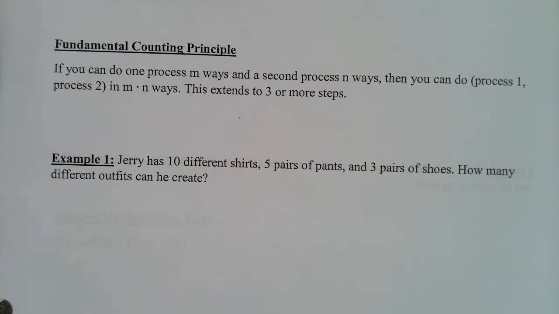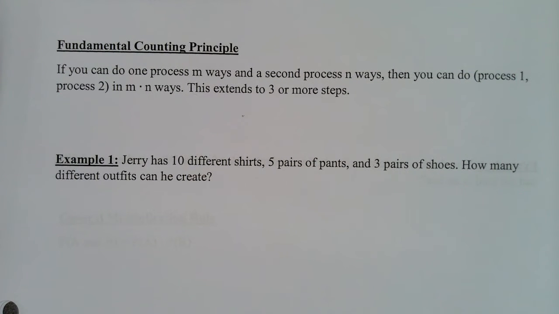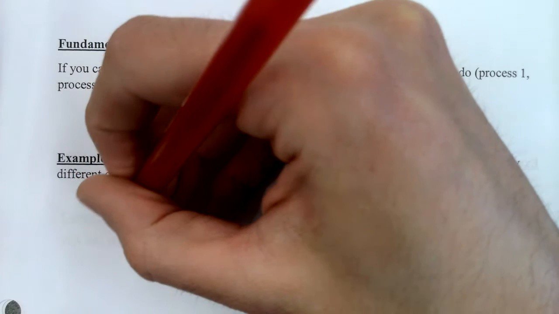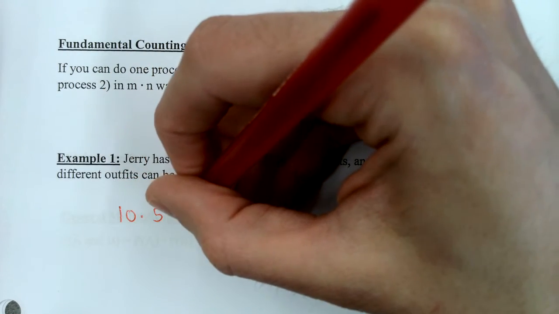So for example 1, Jerry has 10 different shirts, he has 5 pairs of pants, and he has 3 pairs of shoes. How many different outfits can he create? We're going to use the fundamental counting principle. So we're going to multiply 10 times 5 times 3. That's the fundamental counting principle, multiply.